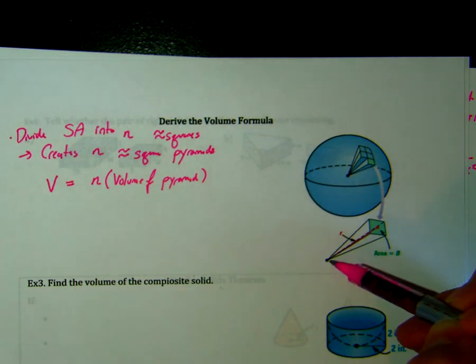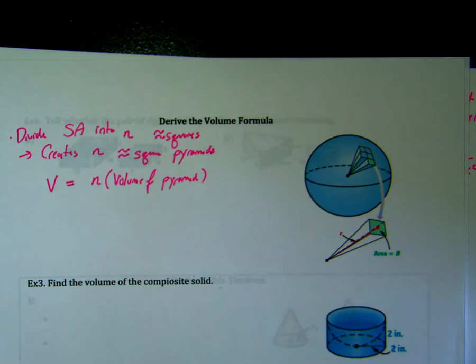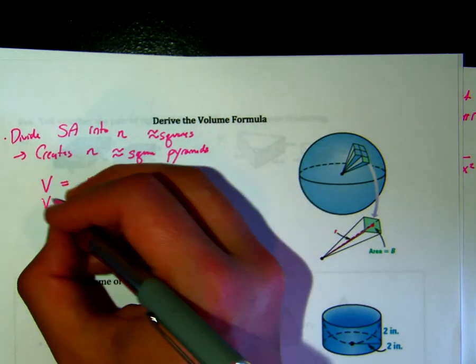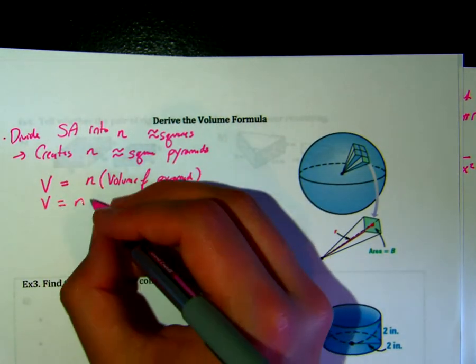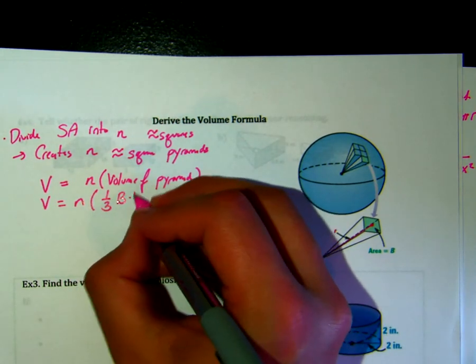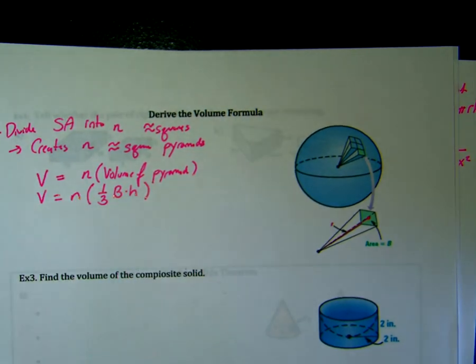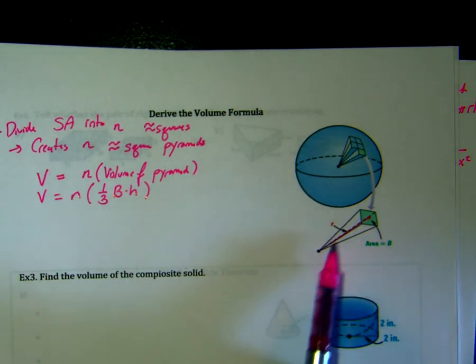So the radius of the sphere is like the height of the pyramid, okay? So if you remember from the last section, the volume of a pyramid is 1/3 area of the base times the height, okay? Now in this case, the height is the radius of the sphere.